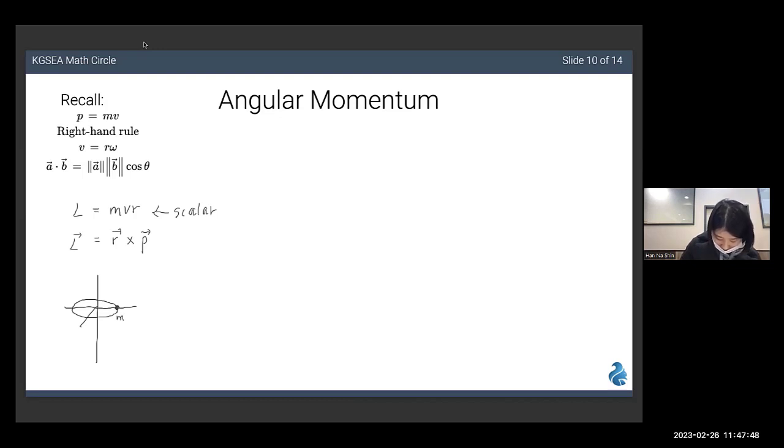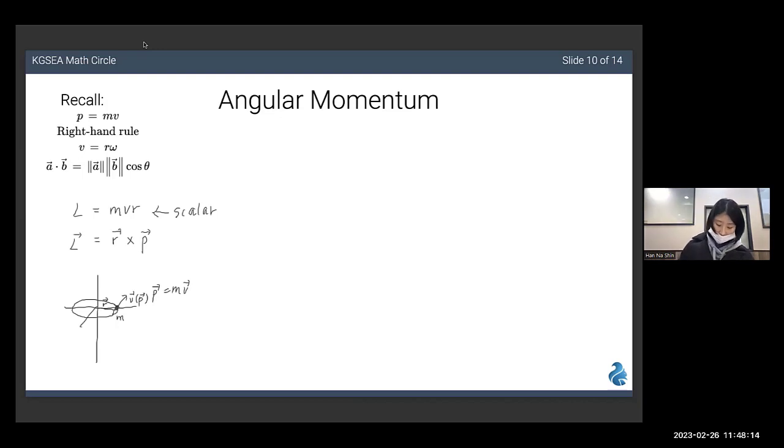This is m. This is r. This is the tangential velocity or linear velocity v. And we know that p equals mv, so that just means that the direction of v here is the same as the direction of p. So I'm just going to write that here for our reference.